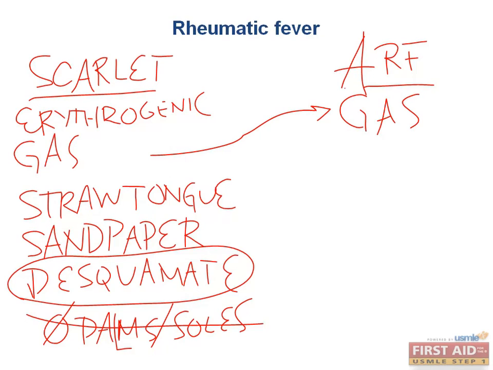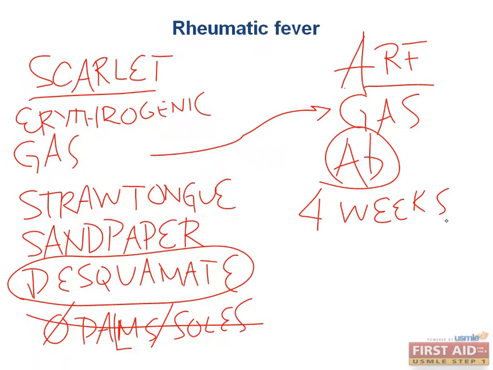It is a reaction by the immune system towards group A strep antigens, except that instead of a hypersensitivity-like reaction, this is antibody-mediated. So this is an antibody component, and that means that we have a little bit of a time lag, and that's why it usually takes 4 weeks for this to present. The whole thing is this concept of molecular mimicry that occurs due to antibodies being generated against cardiac antigens that were exposed to the immune system.